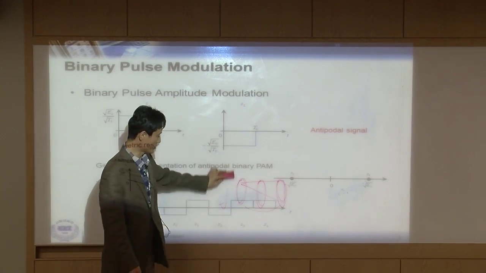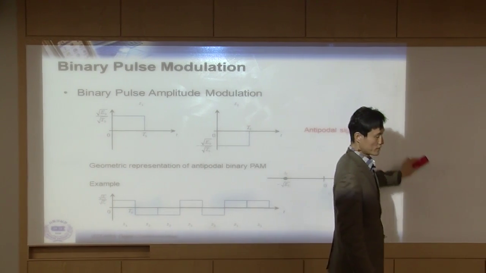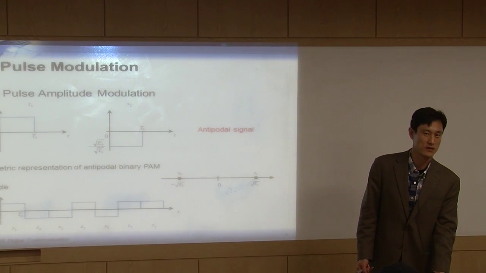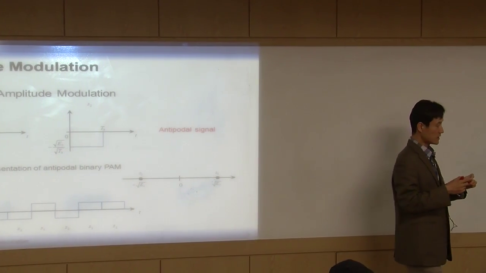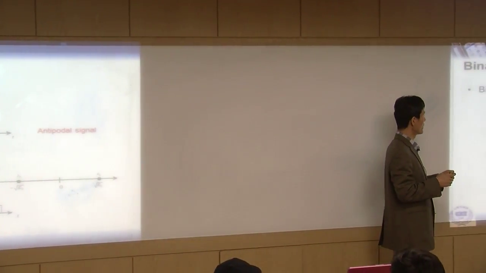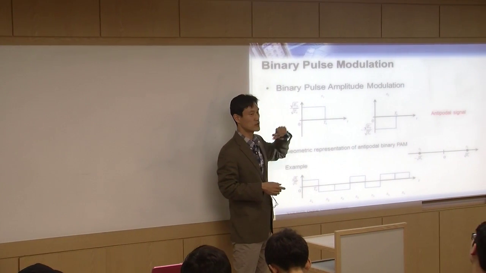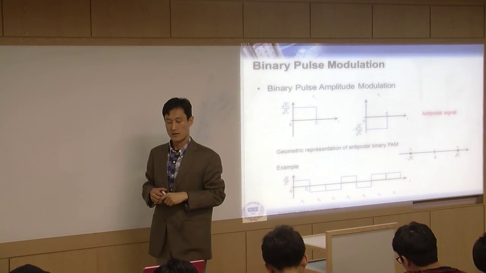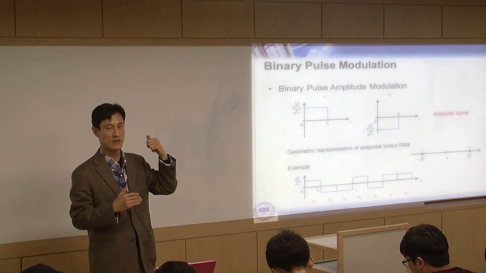Those are the pulse modulations. Now in this slide, you are looking at pulse amplitude modulation, meaning that your amplitude carries information. But this is a special case, binary PAM, binary pulse amplitude modulation. What that means is we have only 2 different amplitudes because this is binary.